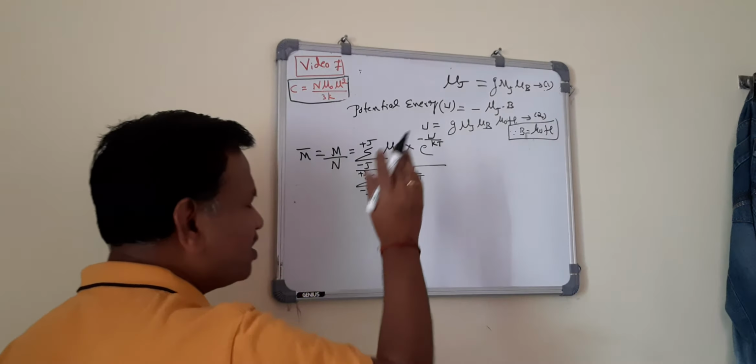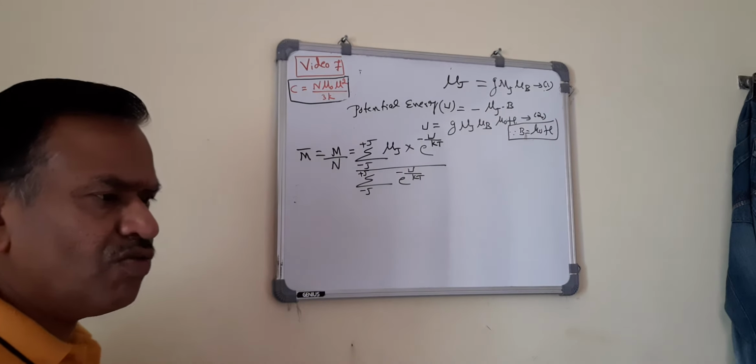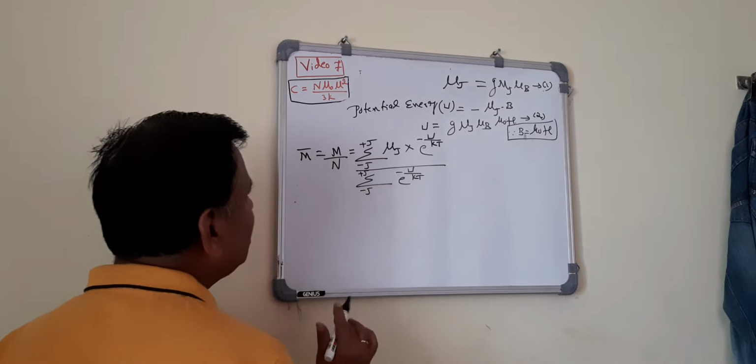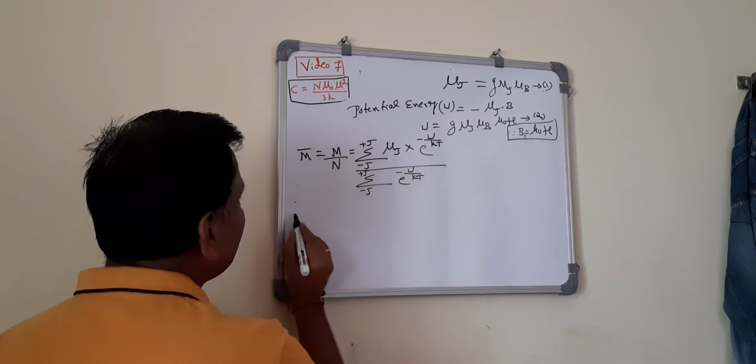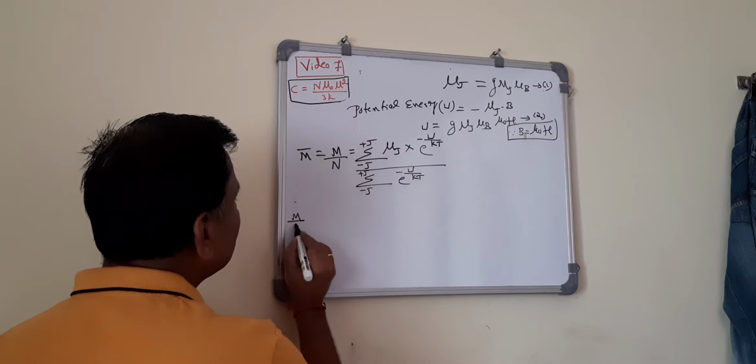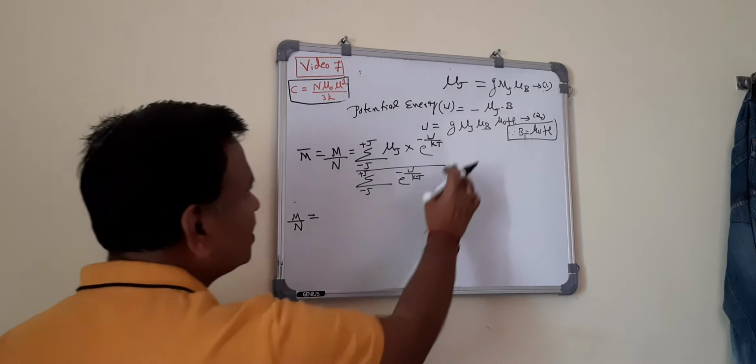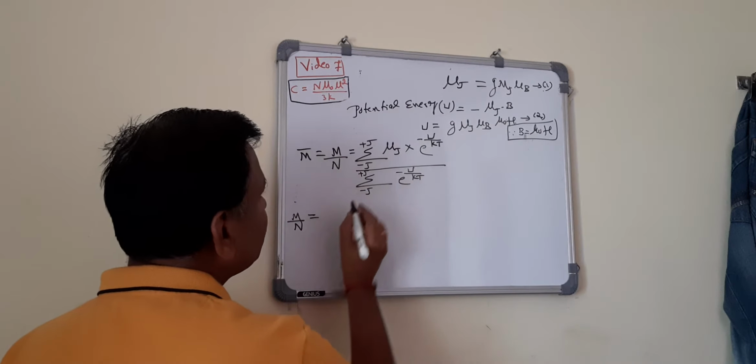And you know the expansion, e to the power of x equals 1 plus x plus x squared by 2 and so on. Of course, here the negative sign is there. Now can I write M divided by N equal to, I will write like this. This term, what is this immediate value?